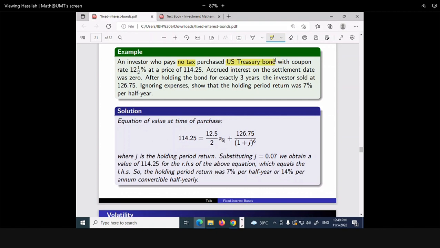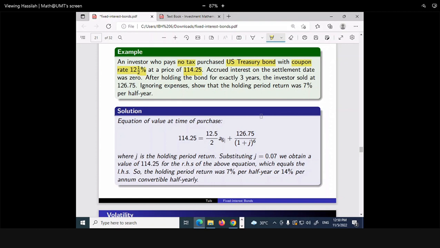Bila US Treasury bond, kita tahu kupon dia payable 2 times a year with coupon rate 12.5%, at a price of 114.25. Okay, kat sini kita dapat maklumat harga bagi bond 114.25.